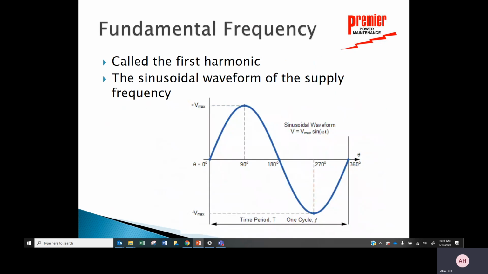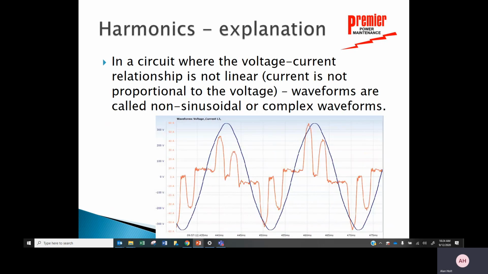Now, if we look at other waveforms, in a circuit where the voltage and current relationship is not expressed by a simple equation like voltage equals current times resistance, in other words, it's not proportional, those waveforms are not sinusoidal. It's a non-sinusoidal waveform, or we could call it a very complex waveform.